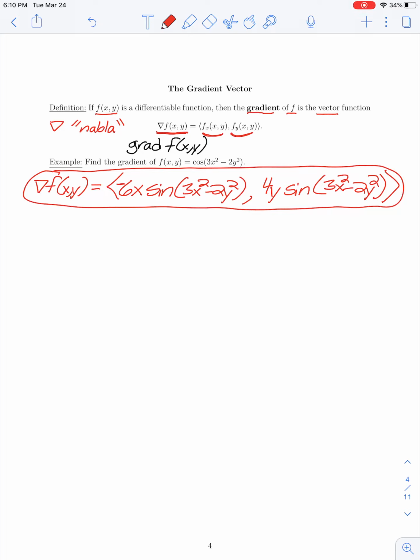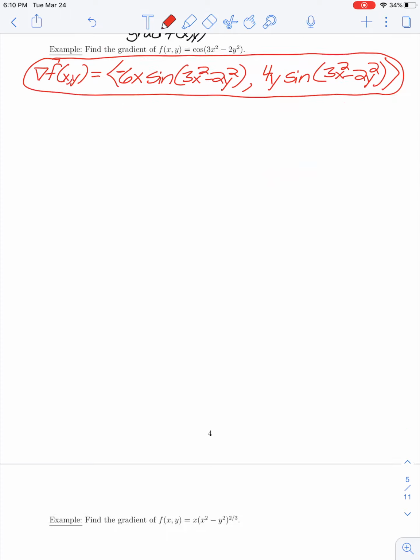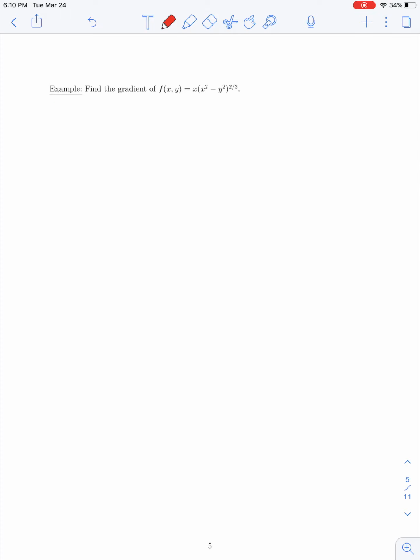And we'll see throughout this course that there are many nice applications of the gradient vector. So now that we've worked with one of these, let's look at some other examples, get a little more practice. In this next problem, we're asked for the gradient of the following vector function. So again, grad f as a function of x and y will be the vector whose first component is the partial derivative with respect to x.